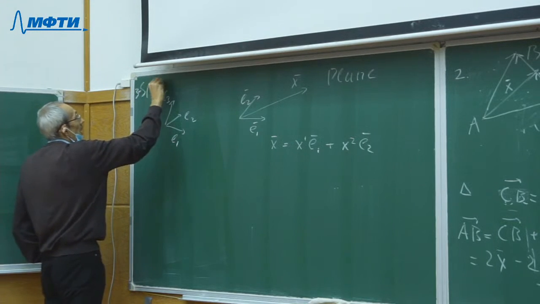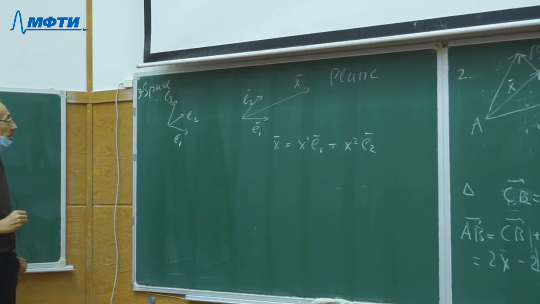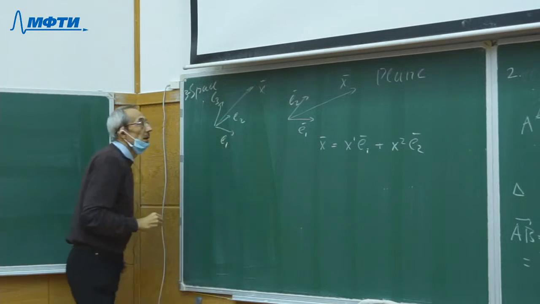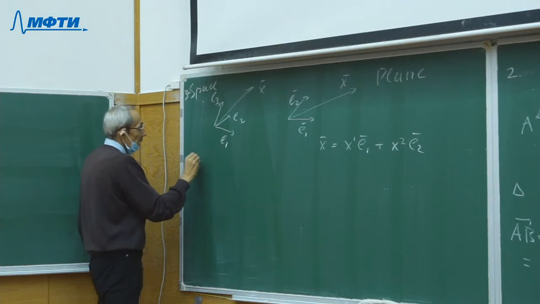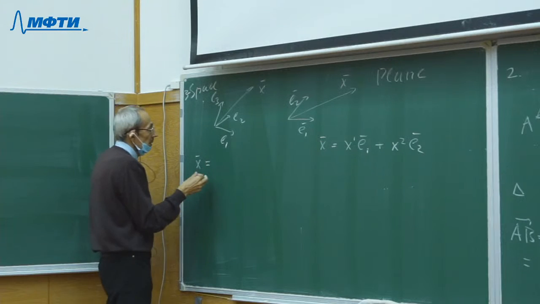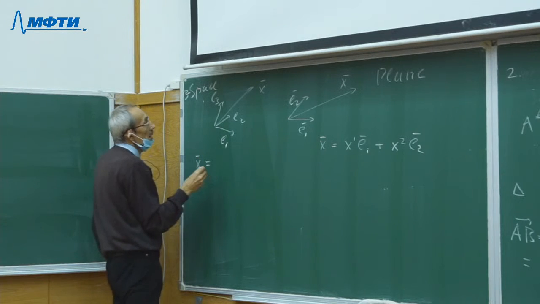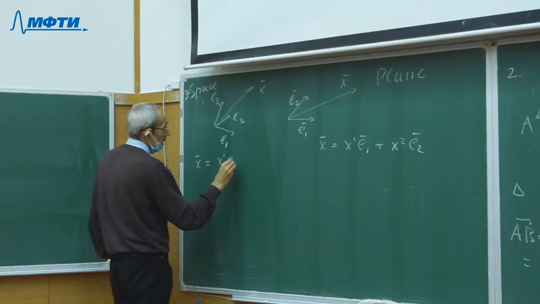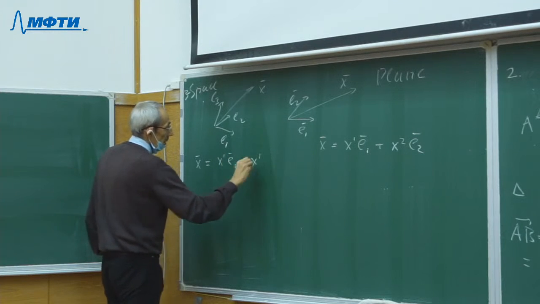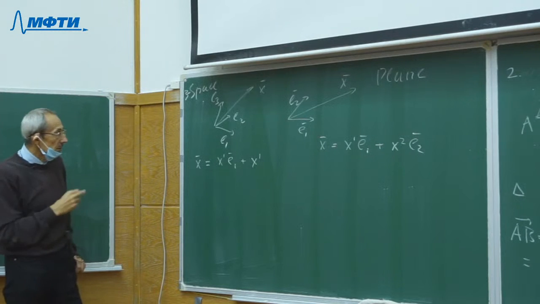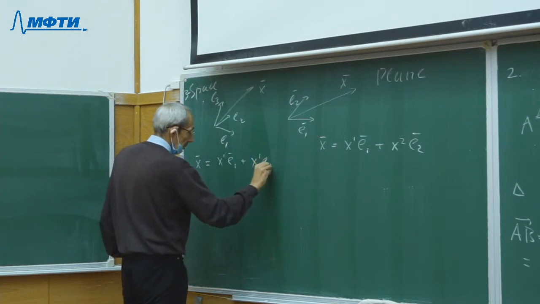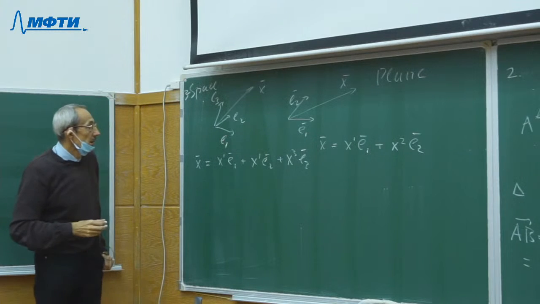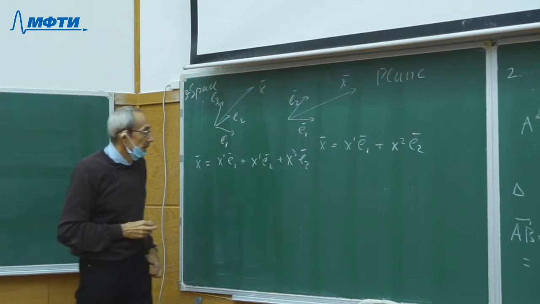In the case of three-dimensional space, we have the same decomposition: an arbitrary vector x can be represented as a linear combination of e1, e2, and e3, and the coefficients, which we denote by x1, x2, and x3, are called the coordinates of vector x in the basis e1, e2, e3.